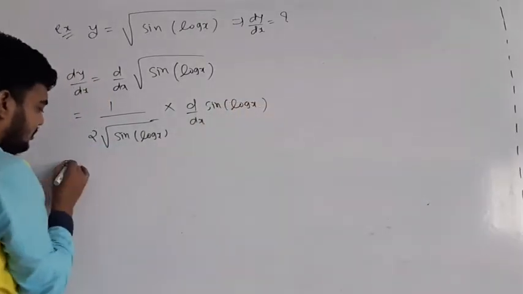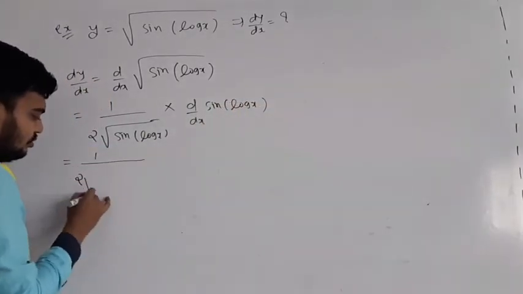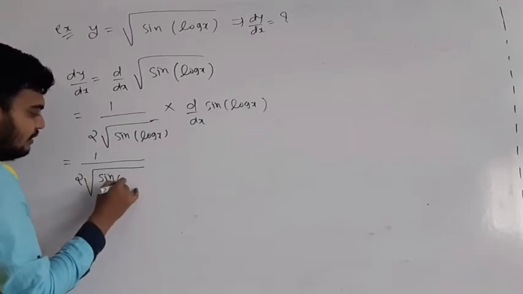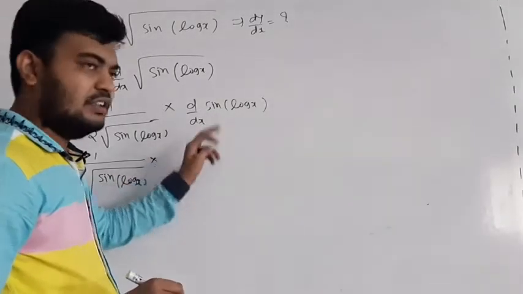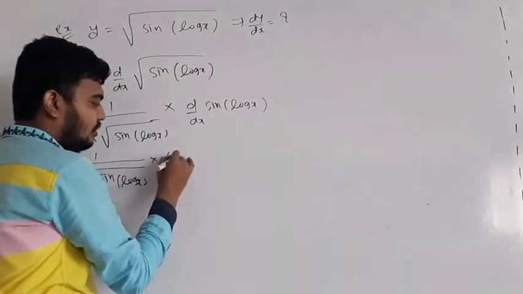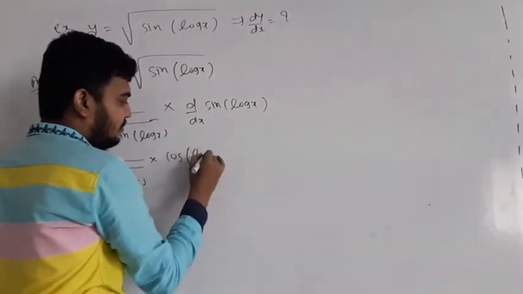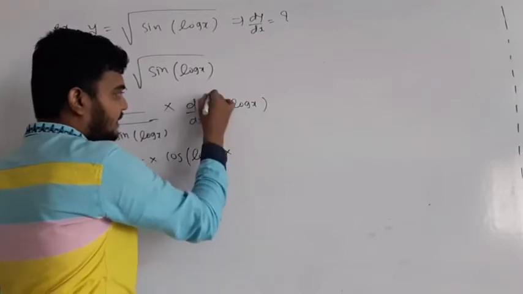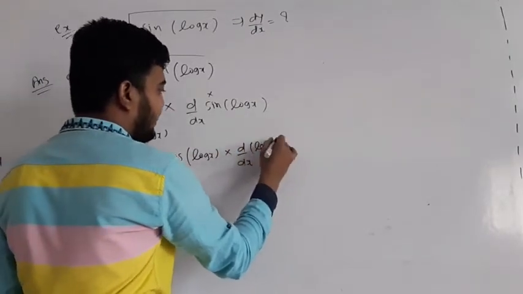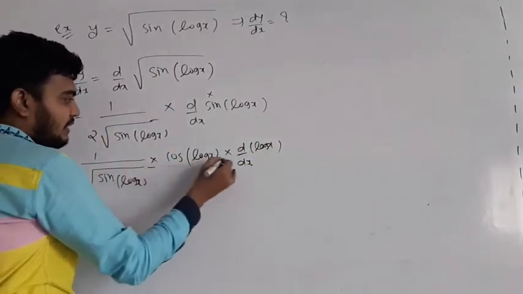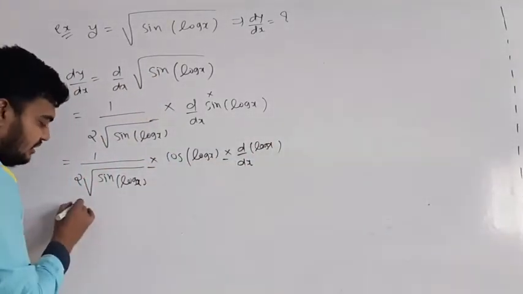So 1 by 2 root of sine of log x as it is cross, here first function is sine, then derivative of sine is cos, angle is same. Now derivative of sine is completed, so remaining derivative is of log x, so d by dx of log x, and all the derivatives are multiplied with each other.